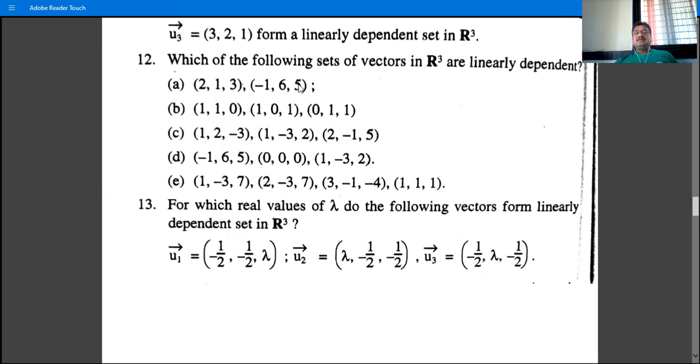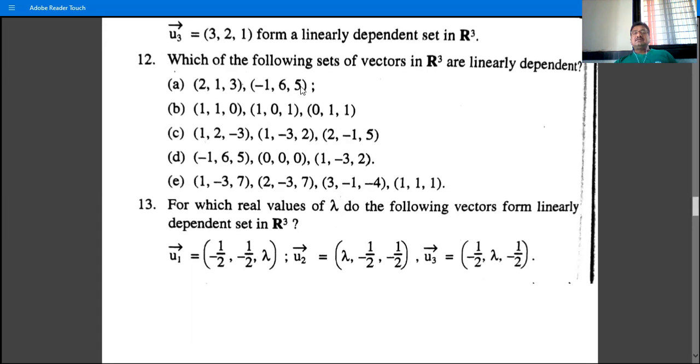But we cannot say directly whether this set is linearly dependent or independent. This set contains two vectors, so we can say that it is not a basis of R3, because a basis of R3 contains exactly three vectors and is linearly independent.